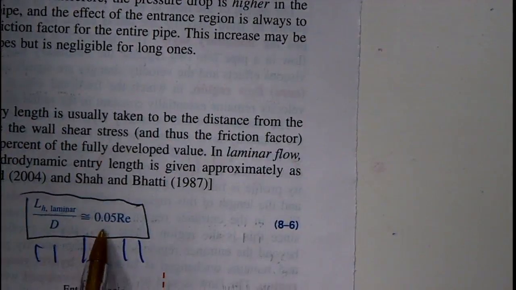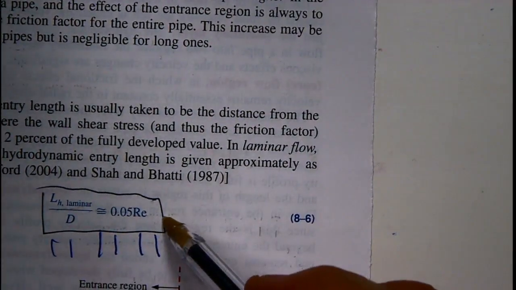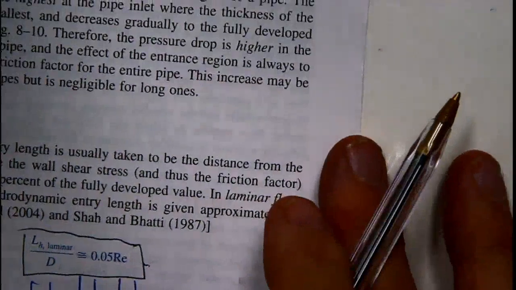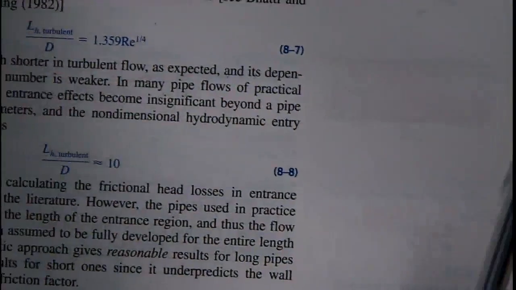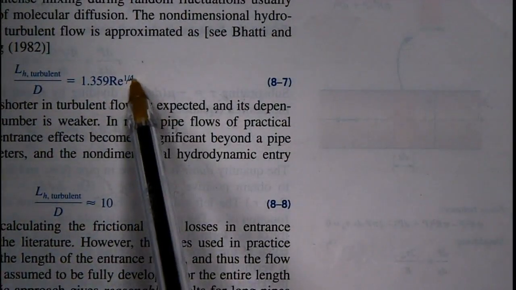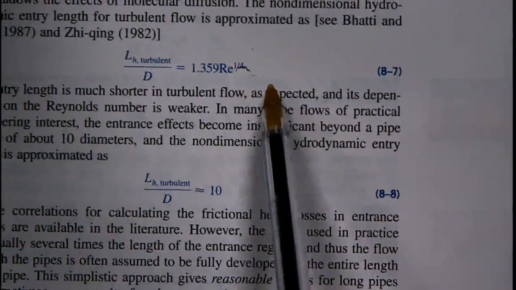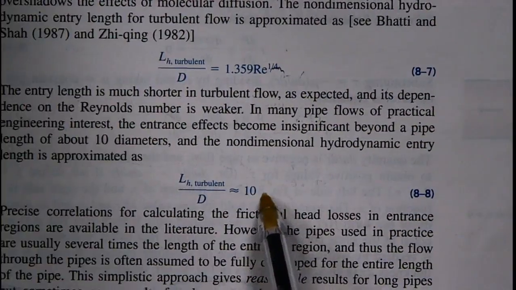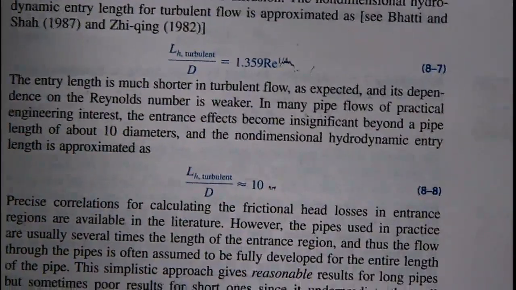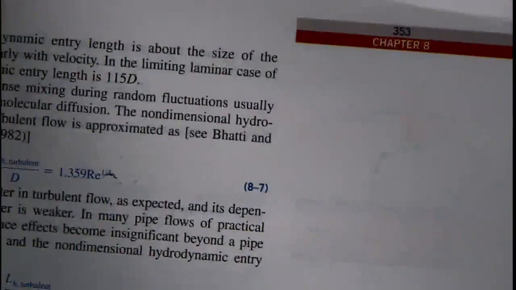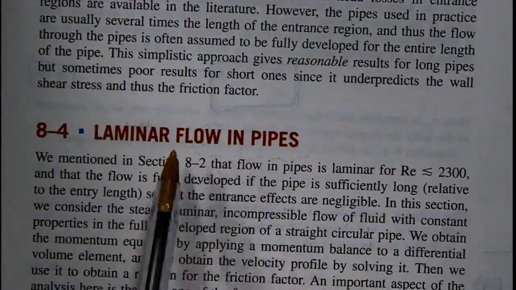And you have the entry region for a laminar flow, 0.05 Reynolds number. And over here you have the turbulent equation, 10 times the diameter. So you have two major flow regimes.